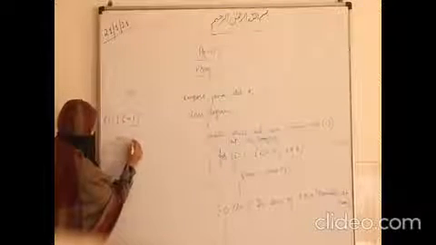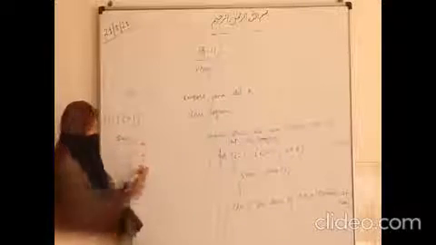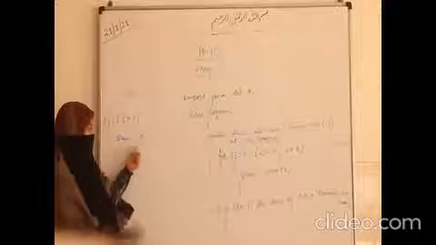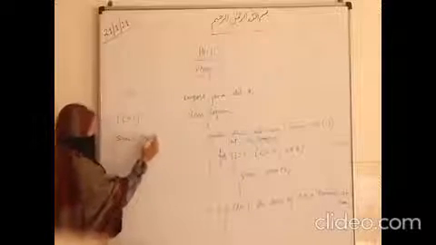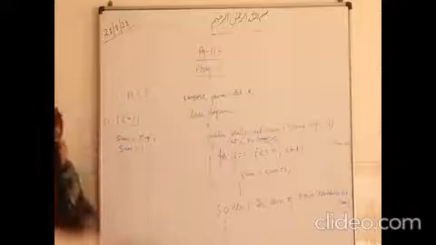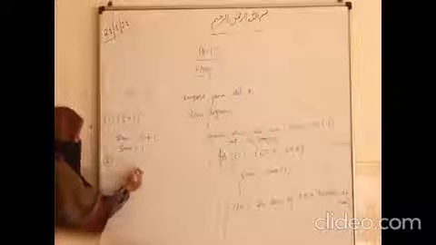What is in the body? Sum equal to sum plus i. What is the value of sum here? 0. We have initialized it with 0, so you have to initialize it. Sum plus i, the value of i is 1, so the value of sum now is 1. Now for the second iteration, the value of i is 2.